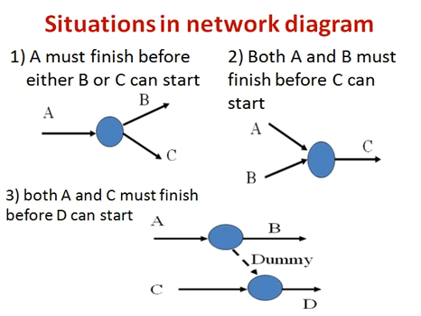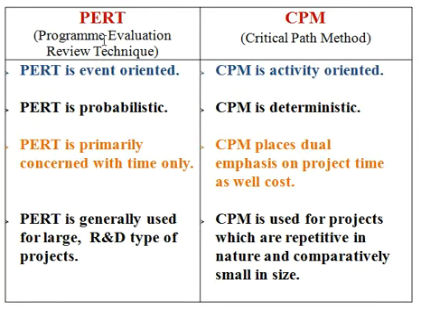Now we will move further, and before we complete the example of CPM, let's look at the difference between PERT and CPM. PERT stands for Program Evaluation Review Technique, also known as Project Evaluation Review Technique, while CPM is known as Critical Path Method.